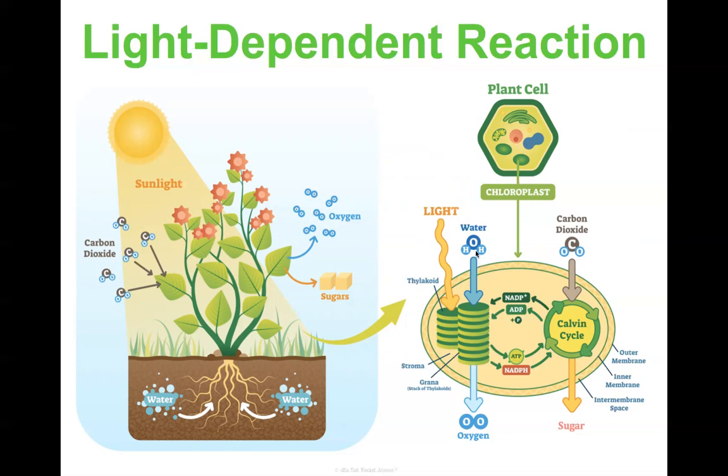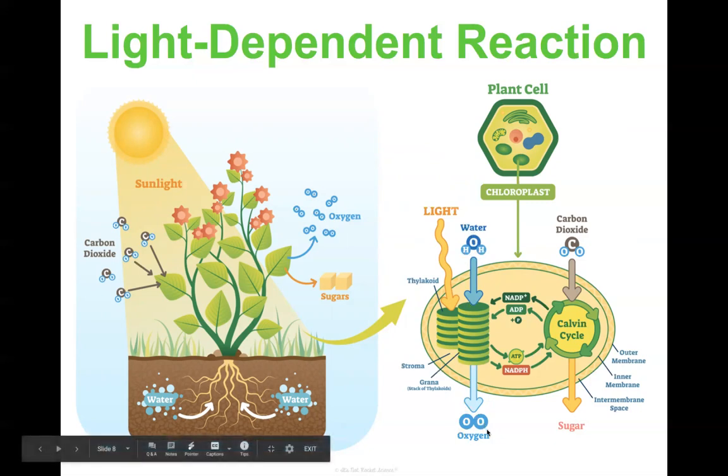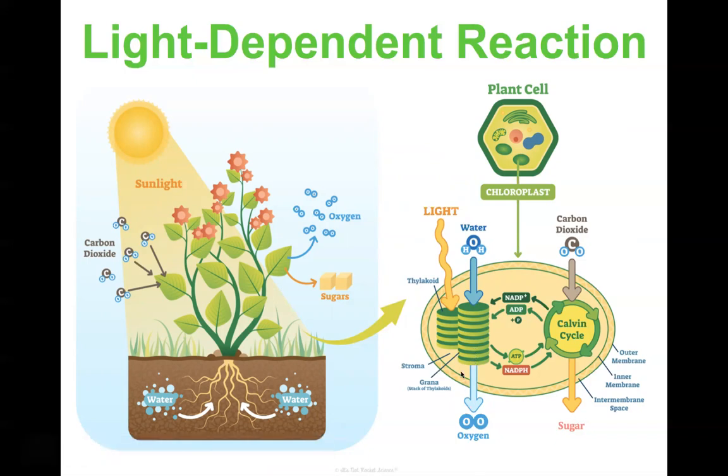Water molecules, we've got them right here, are split into oxygen atoms and hydrogen atoms. So here we've got our oxygen atoms out. And ATP, NADPH, and hydrogen are all leaving to come over here to our next step.